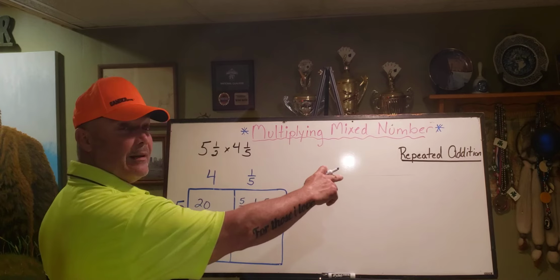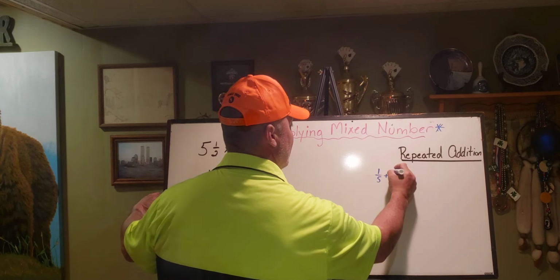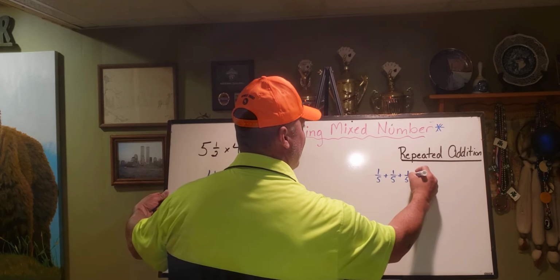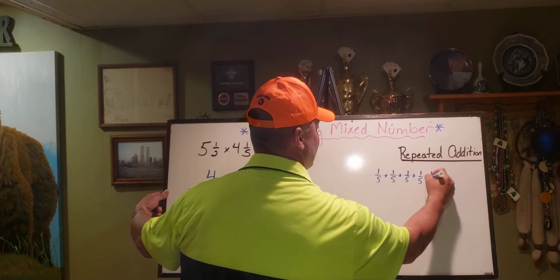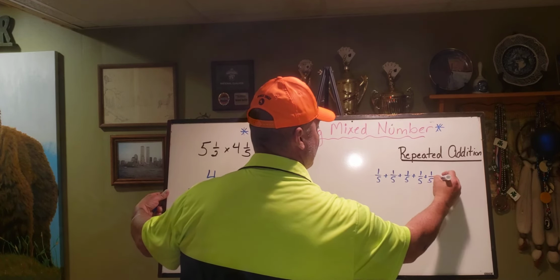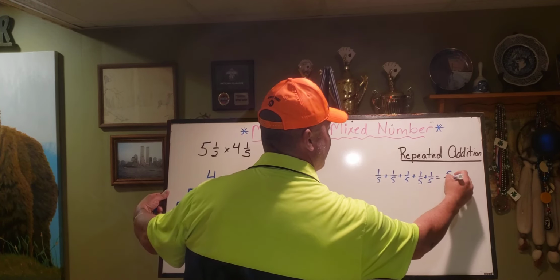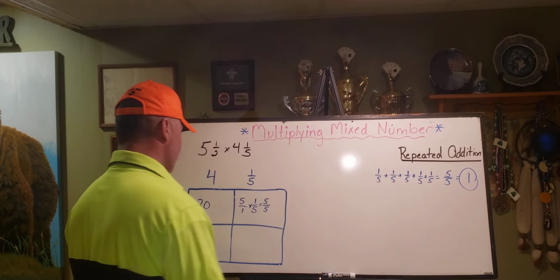Or back to the repeated addition, we're just going to do 1/5 plus 1/5. You can see repeated addition works, but it takes much longer. It's a lot more writing, and that means a lot more room for error. 5 times means 1, 2, 3, 4, 5. 5/5 still equals 1, no matter how we do it.